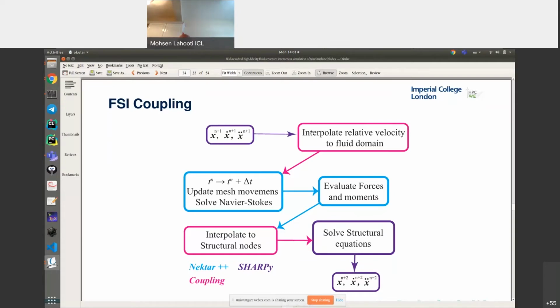We interpolate those values to the location of the strips, update the mesh movement depending on the strategy that we use, and solve the Navier-Stokes equations, getting the forces and interpolating them onto the structural nodes. Now we have the force distribution over the structure, and we can evolve the dynamic state of the structure to the next step.